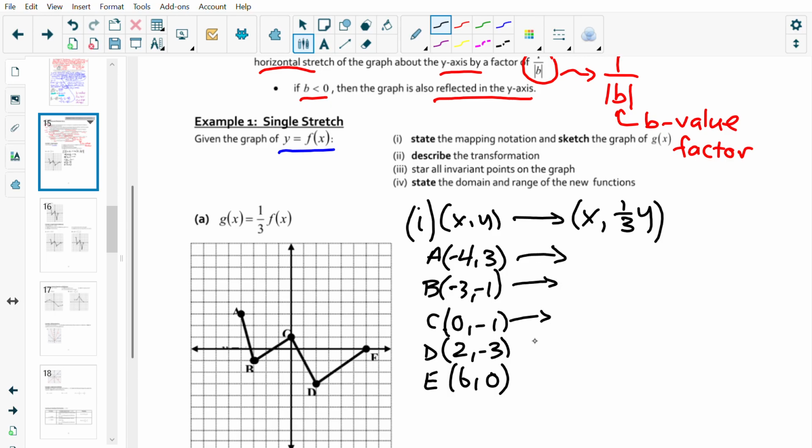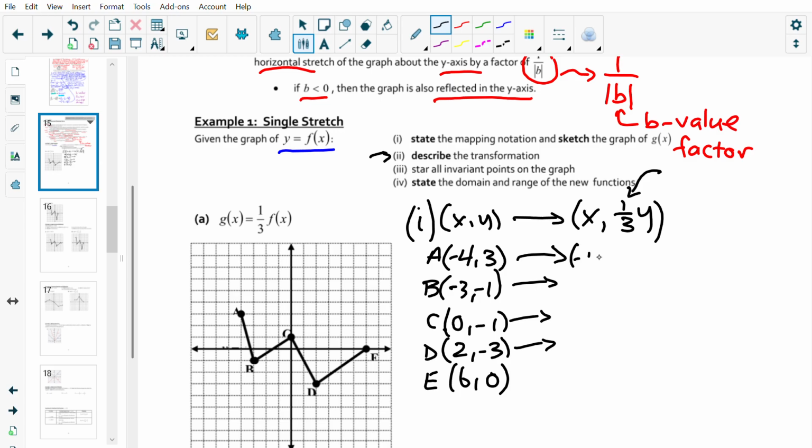We'll go over part 2: describe the transformation, state the mapping notation, and sketch the graph of g of x. This is a vertical stretch, and this is about the x-axis. So for the mapping notation, only the y value changes on a vertical stretch.